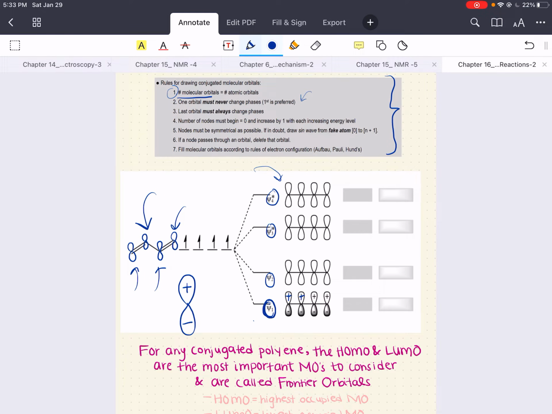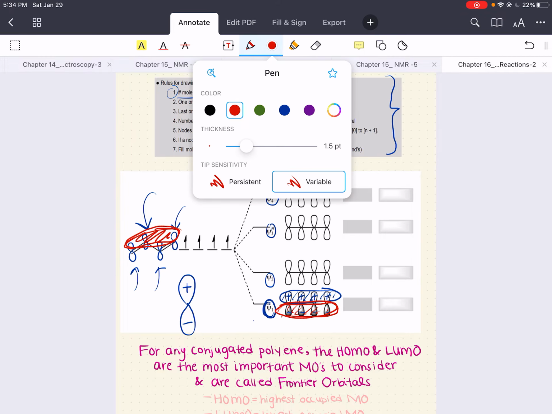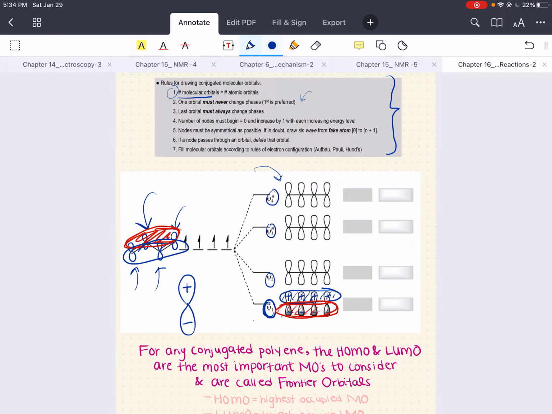All the top parts of each p orbital will be positive and all the bottom ones will be negative. Top is all the same phase, and the bottom is all the same phase. This illustrates that one molecular orbital of 1,3-butadiene can have all the top parts of the p orbitals in one phase and all the bottom ones in a different phase.